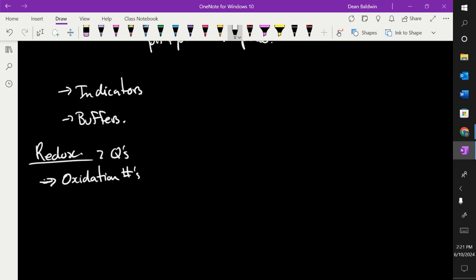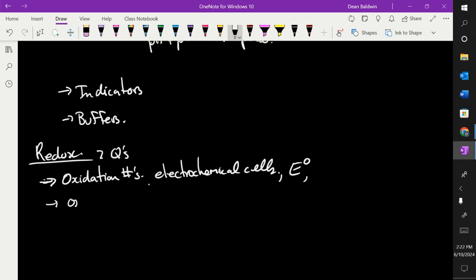Oxidation numbers, know how to do that. Know how to label and use or figure out the electrochemical cells. Is it spontaneous or not? Know how to find the E naught of a cell.